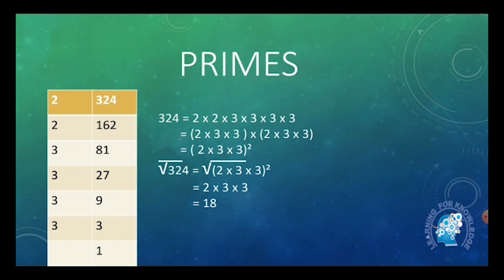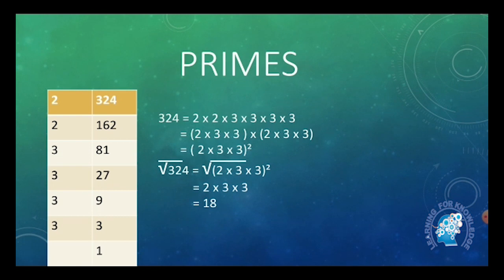So we will first make a table and divide 324 by the smallest prime factor suitable for it, which is 2. When we divide 324 by 2, we will be left with 162, which again can be divided by 2, which will result in 81.